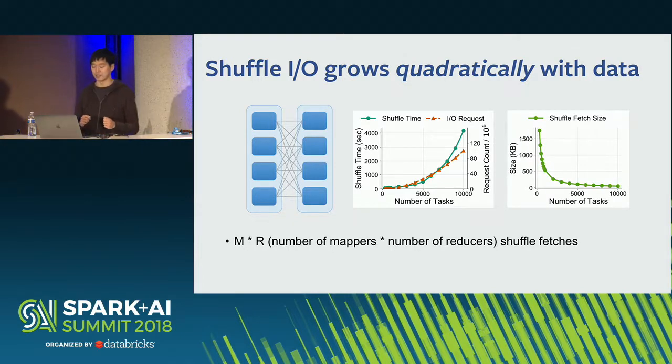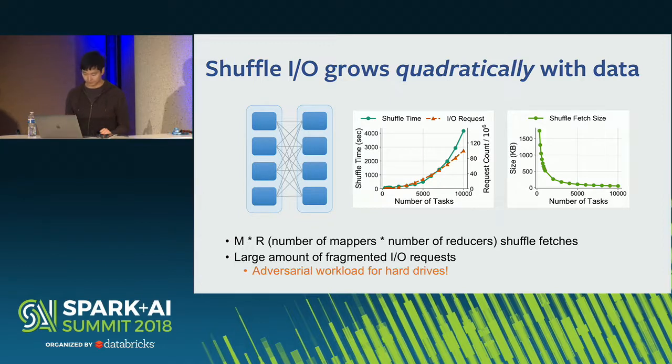Another way to look at this is that although the data inside each task remains the same, when we're doing the shuffle, we're reading smaller and smaller pieces of shuffle data from each shuffle fetch. As we grow the data, the actual sizes of the fetches are growing smaller. This amounts to a large amount of fragmented I/O requests, and this is a very adversarial workload for spinning hard drives.